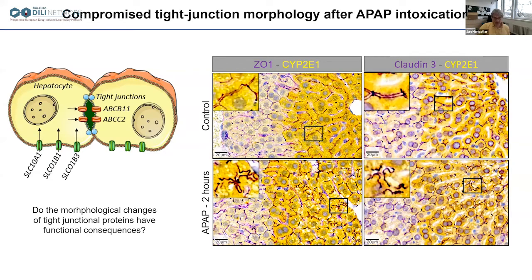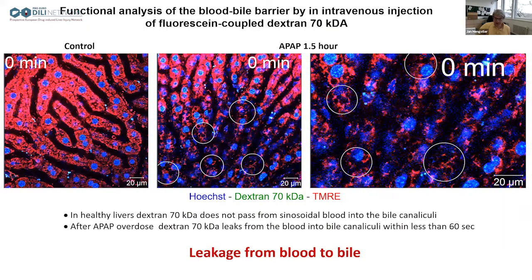Therefore, we asked the question if these morphological changes have also functional consequences. And what comes now is perhaps the main achievement of this work. We established 2 procedures to study the tightness or the functionality of the bile-blood barrier in intact livers of living mice.